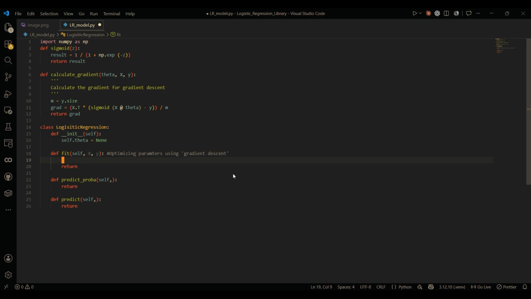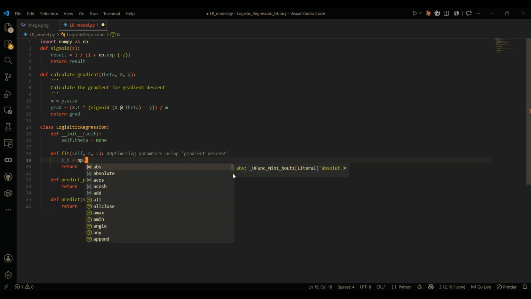Firstly, as I've said before, we have to turn x into x with intercept because we don't want to make it lengthy and time-consuming. We do this by concatenating a vector of 1s to the first column of x.